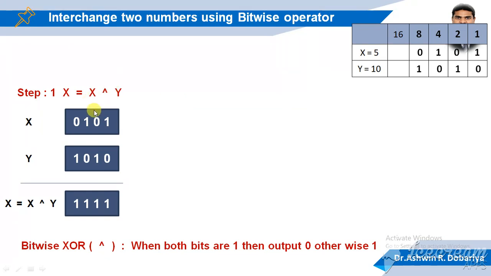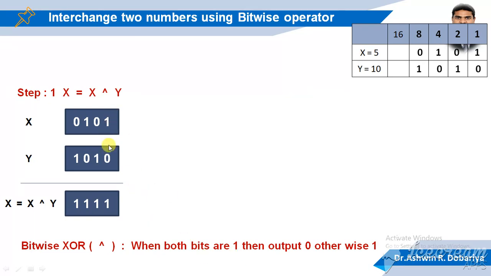Now how does the XOR operator actually work? Suppose we perform XOR between the x and y variables. The binary value of x is 0101, and the binary value of y is 1010.